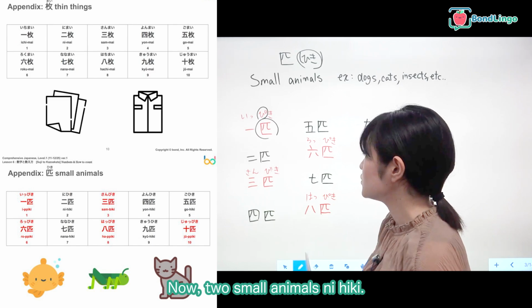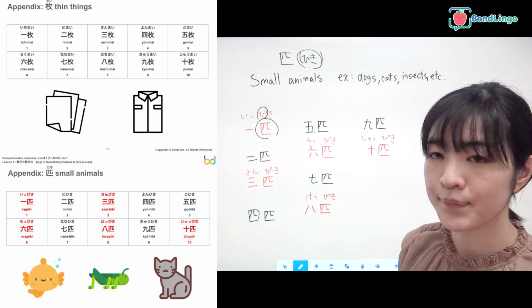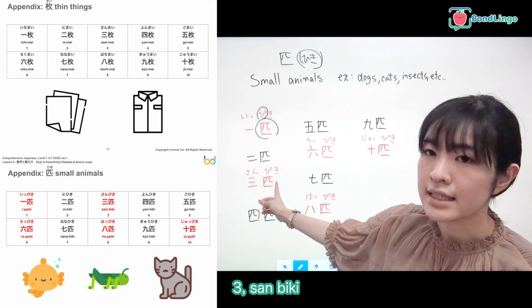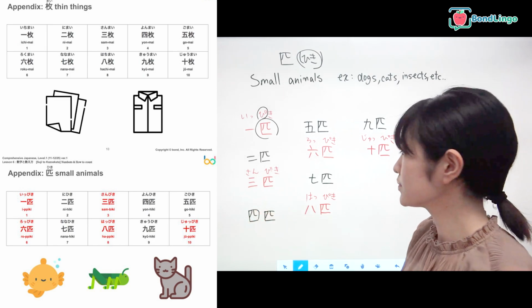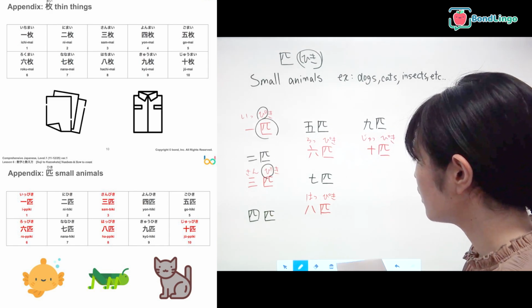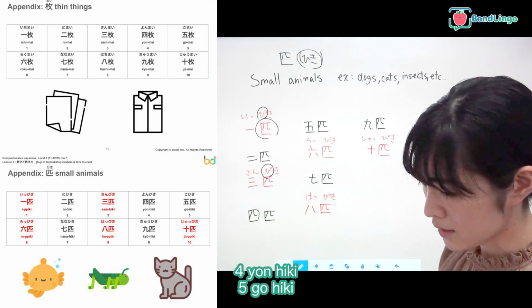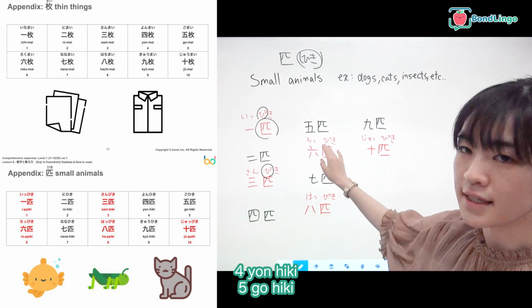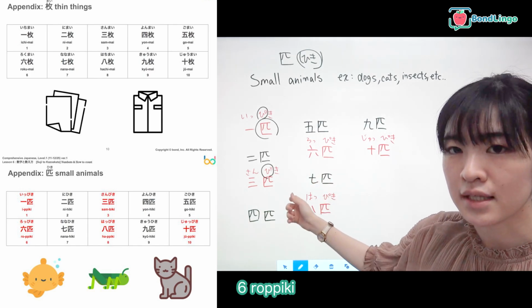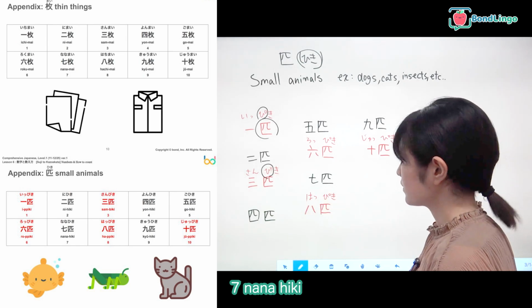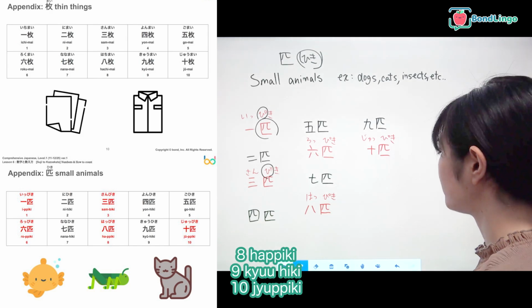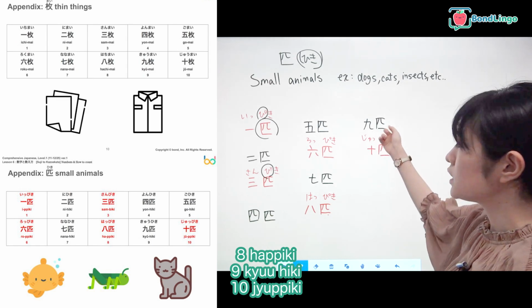Now two small animals, nihiki. 3, 3匹. This time it's bi. 4, 4匹. 5, 5匹. 6, 6匹. 7, 7匹. 8, 8匹. 9, 9匹.